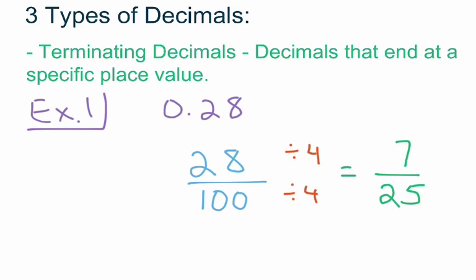So we see here that 0.28 is equivalent to 7 over 25. They're not written the same way, but they are still equal to each other. That's our first example.